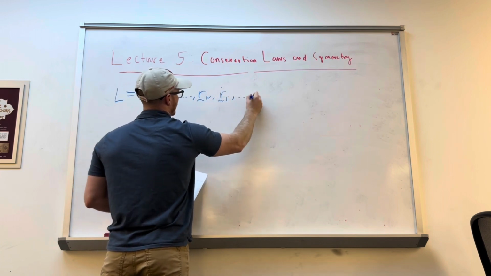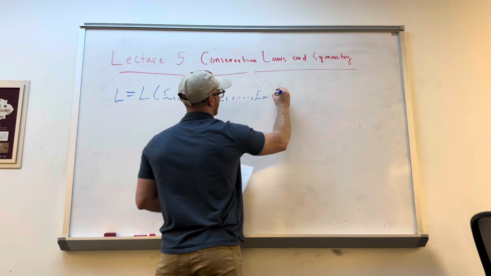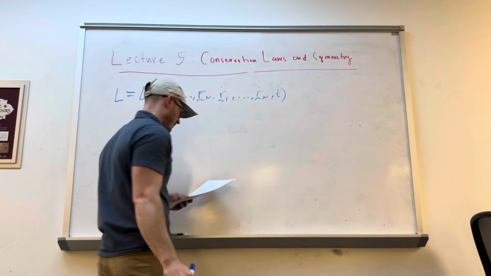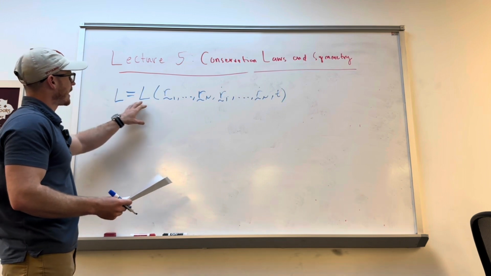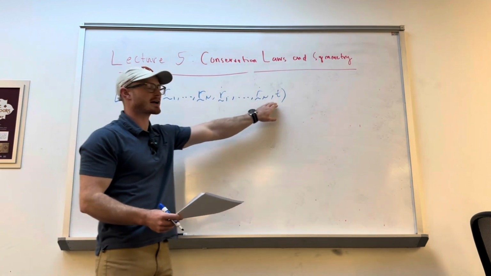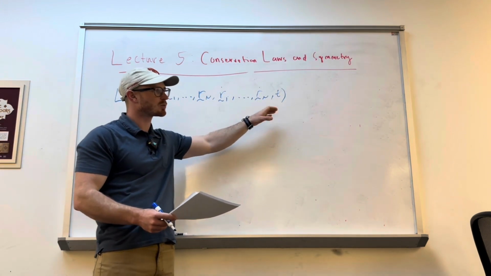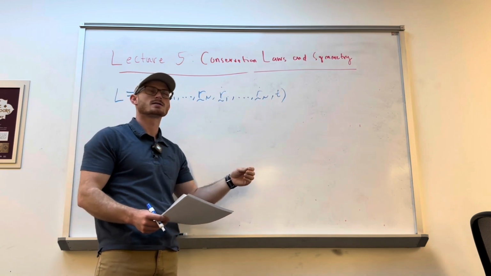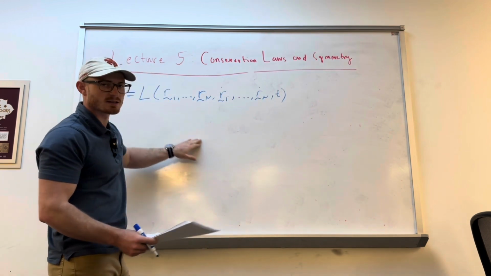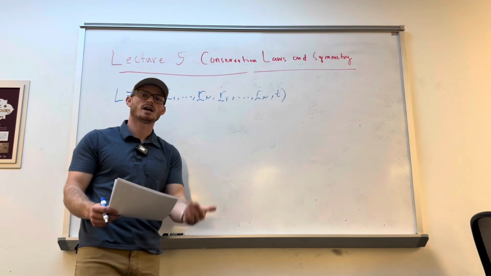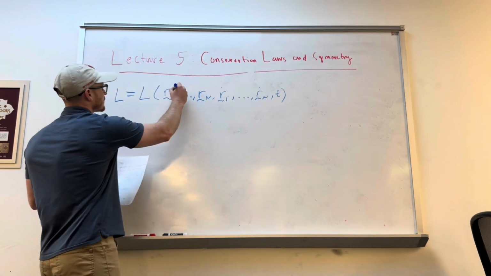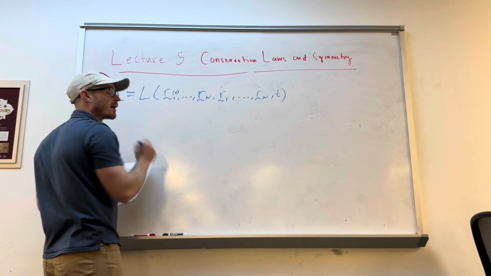R1 dot, Rn dot, T. Now, L depends on time explicitly here, right? We've explicitly given it a time dependence. But it also depends on time implicitly through its coordinates, because the coordinates change in time. So technically, each of these guys are functions of time.